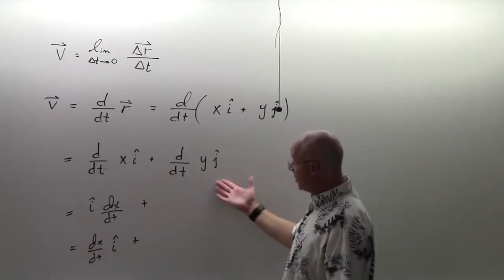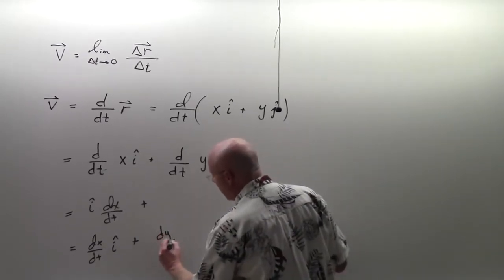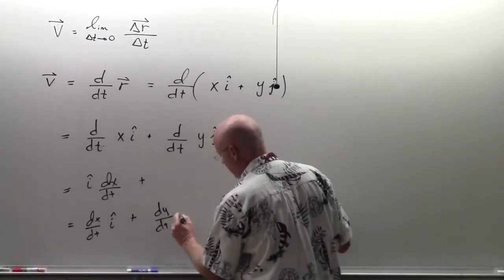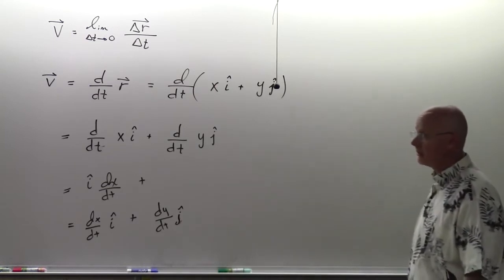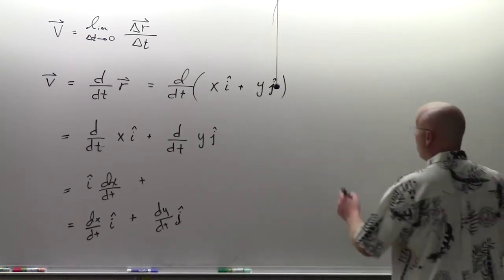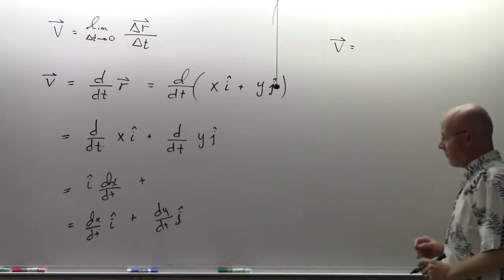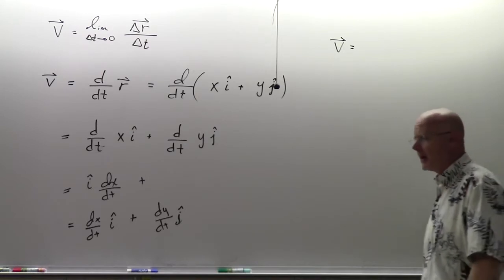And likewise here, don't you see that same thing here with the y? So this should be dy dt j hat. Let me keep going with this. And then let me also read into the mathematics here.